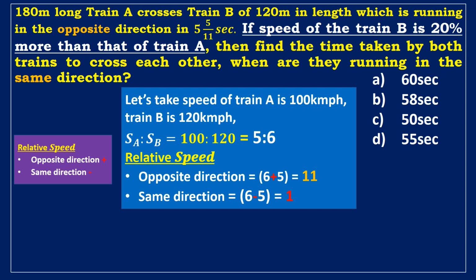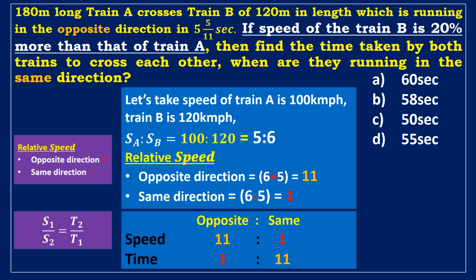When both trains are traveling in opposing directions, the relative speed is 6 plus 5 equals 11. When both trains are traveling in the same direction, the relative speed is 6 minus 5 equals 1. The opposite and same direction speed ratio is 11 to 1. However, speed is inversely proportional to time.